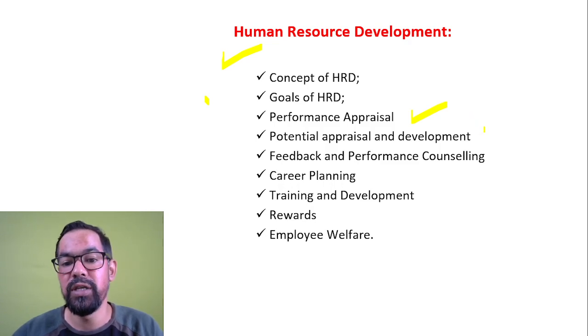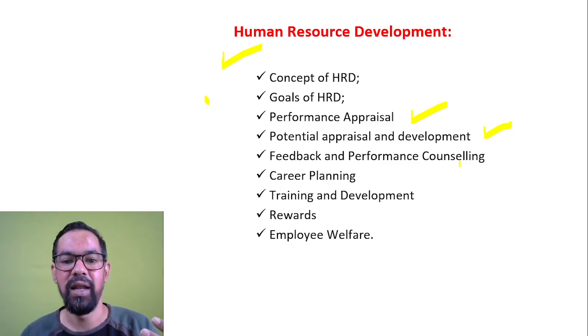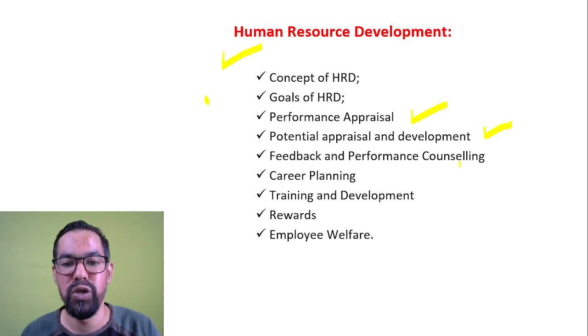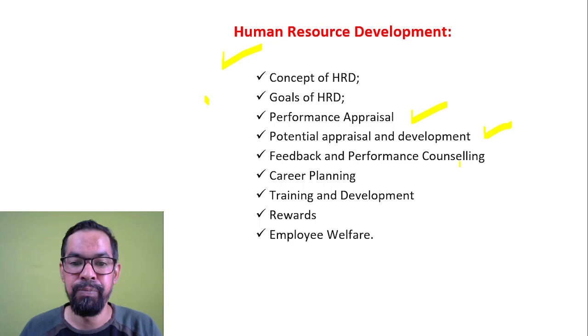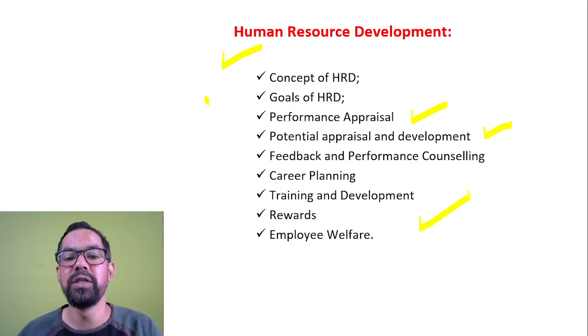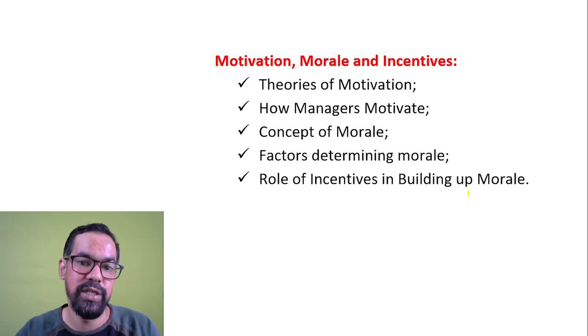We have potential appraisal and development, feedback and performance counseling. So you'll have a number of theories based on these. The goal of HRD is not just a small topic. Here you will find a number of appraisal theories. Then career planning, training and development, reward, employee welfare. These are the important topics for your HRD section.